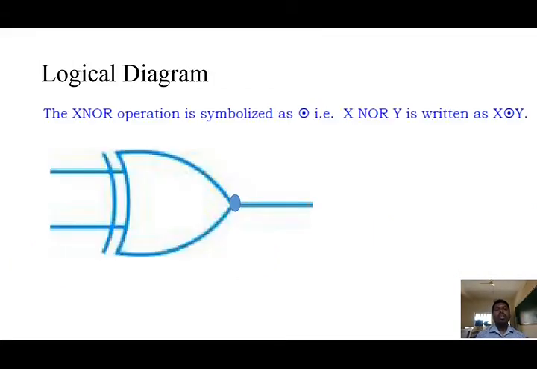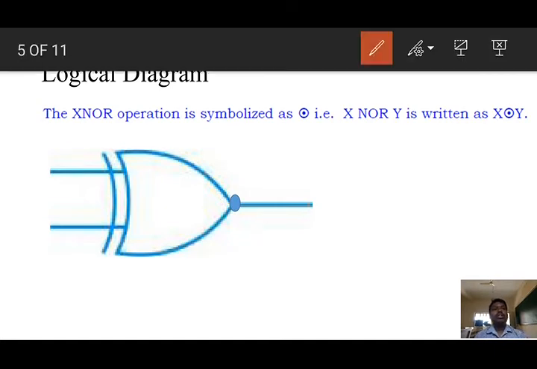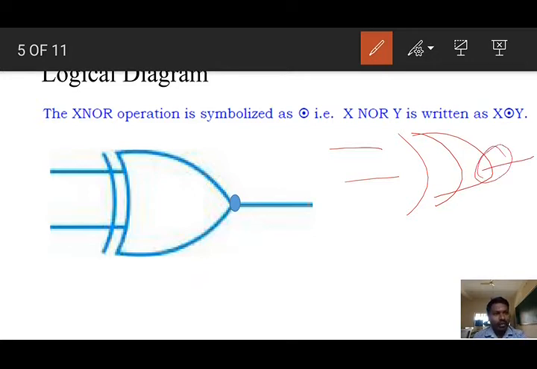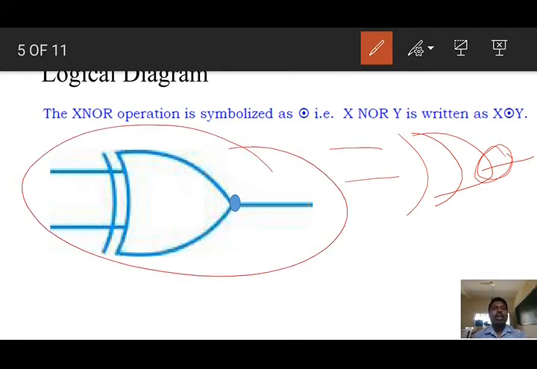Next, the logic diagram. Dear student, the logic diagram of the XOR gate is like this. If you add one small circle here, then it will become an XNOR gate. You can see it is the same XOR gate logic diagram only, but here we added one small circle, so it has become an XNOR gate.